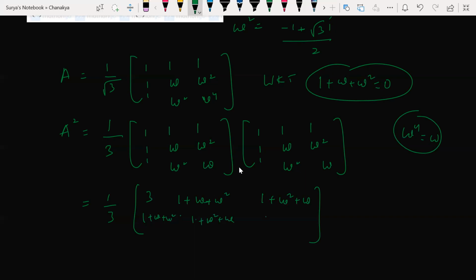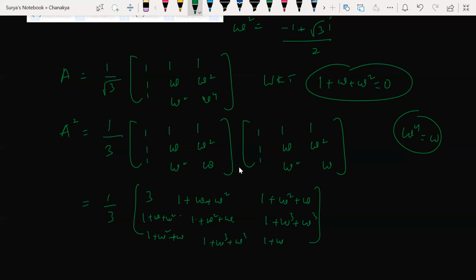Here what do you get, beta? 1 plus omega cube plus omega cube. Okay. Here 1 plus 1 plus 1 plus omega square plus omega. Here 1 plus omega cube plus omega cube.